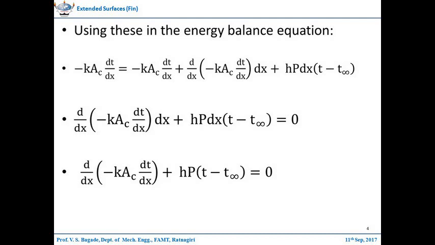The energy balance equation is minus k Ac dT by dx equals minus k Ac dT by dx plus d by dx of minus k Ac dT by dx into dx plus h P dx into T minus T infinity. Here minus k Ac dT by dx will cancel, and the equation is d by dx of minus k Ac dT by dx into dx plus h P dx into T minus T infinity is equal to 0. Again dx will cancel, and the equation is d by dx of minus k Ac dT by dx plus h P into T minus T infinity is equal to 0.